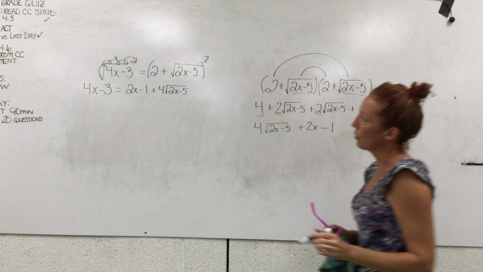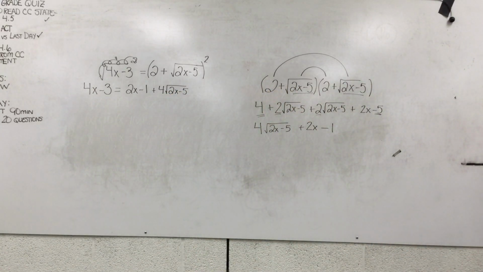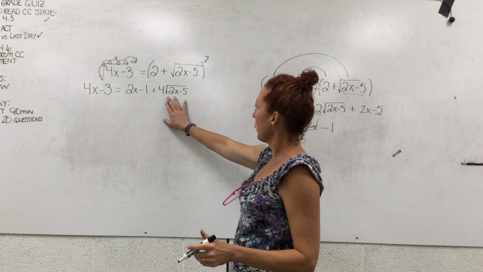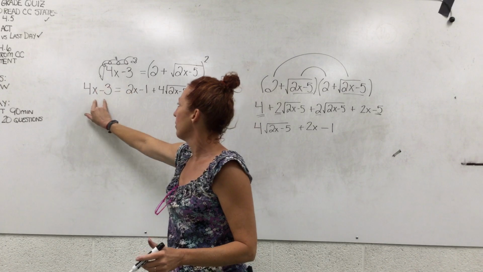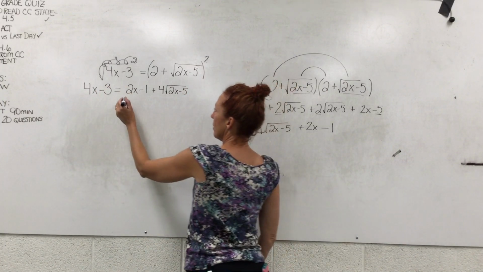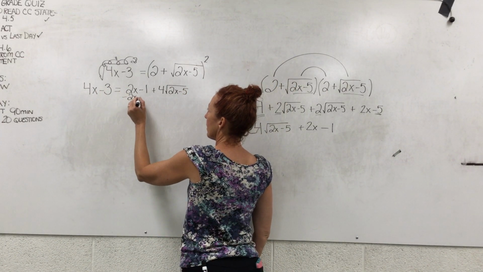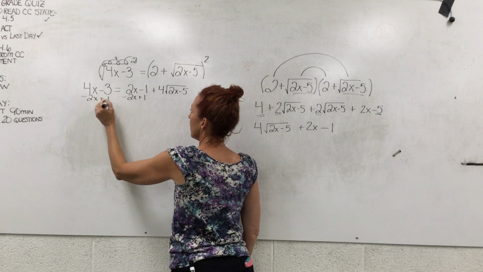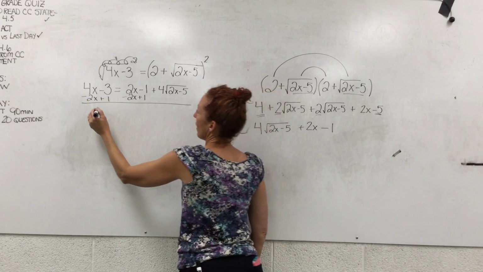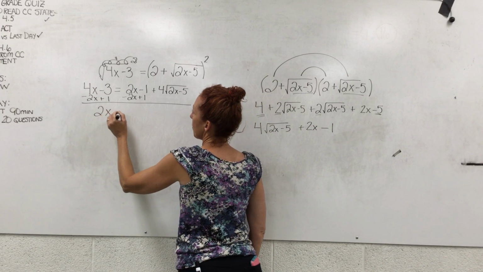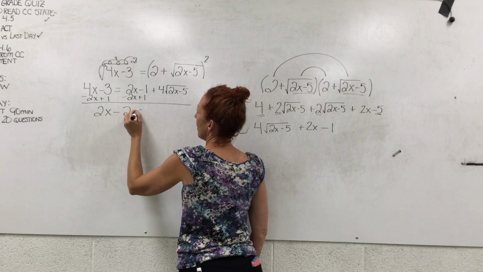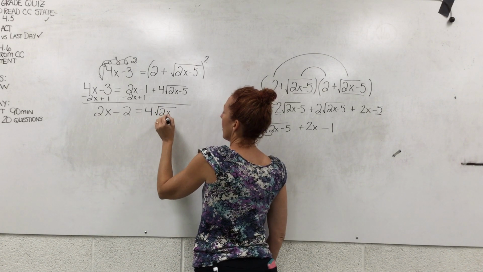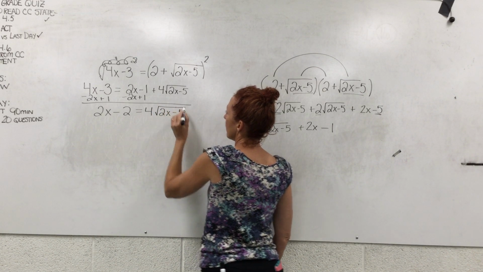I don't know why I switched the order. I just wanted the radical in the back. Okay, so now I'm going to get this guy by itself. So I'm going to move these two things to the left. So negative 2x, and I'm going to change that to a positive 1. So I have 2x minus 2 equaling 4 radical 2x minus 5.